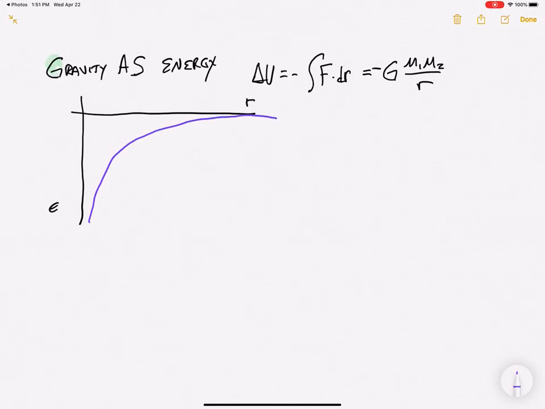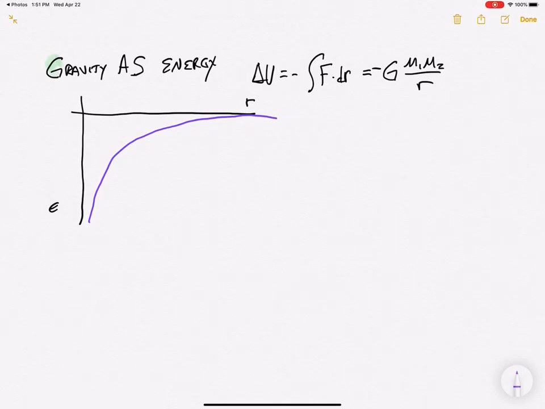Notice that along both axes, a 1 over r dependence is asymptotic. It gets closer and closer to the axis without ending.